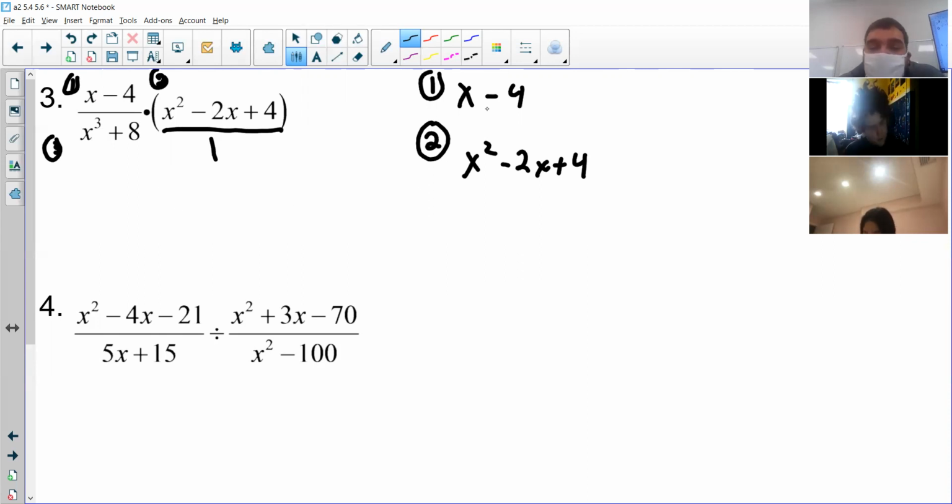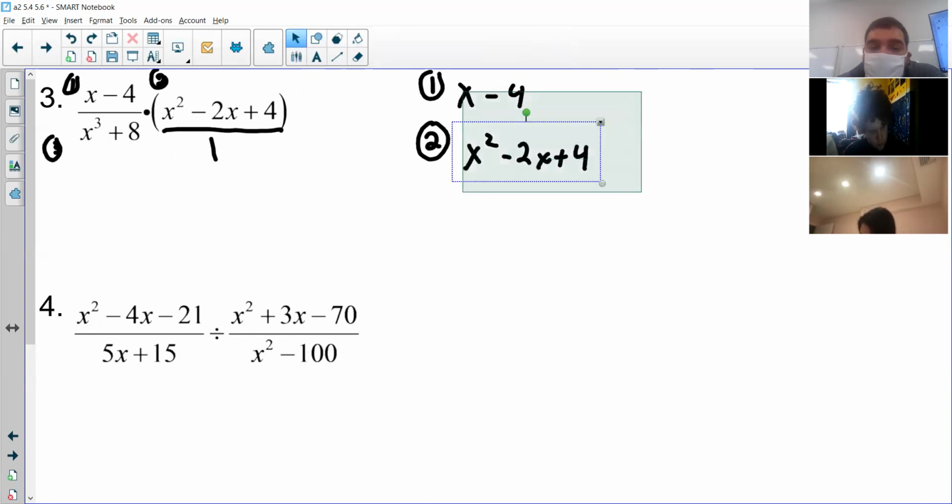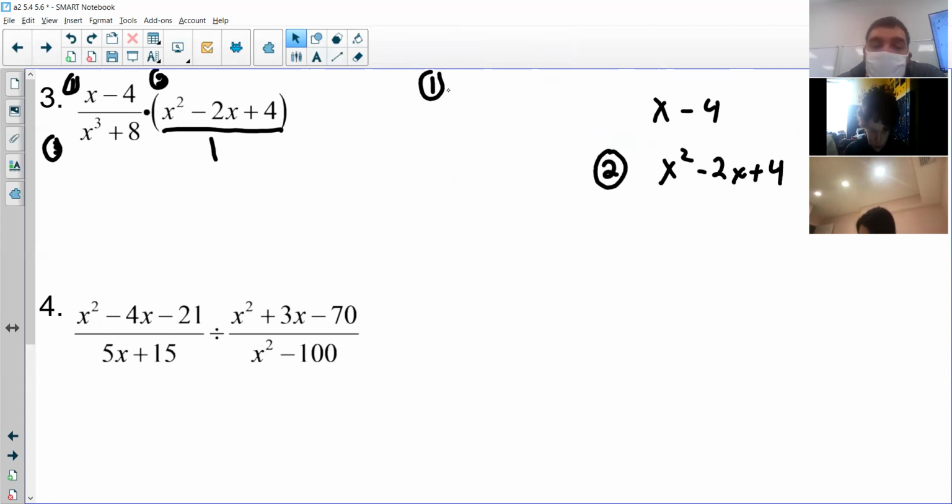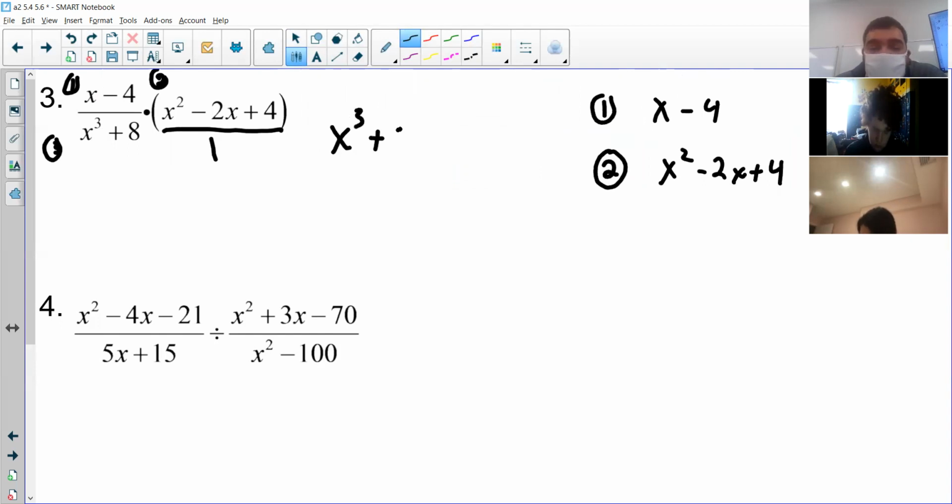Now, number 3. Let me move this out of the way. Number 3, x cubed plus 8. This is a sum of cubes. Now, here's the general form of the sum of cubes, and then we'll do it with the actual numbers.